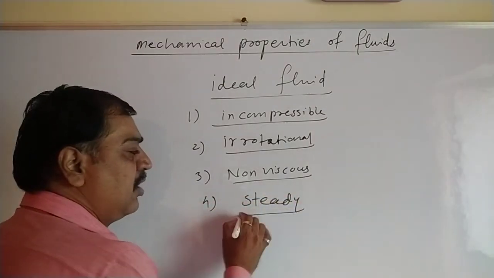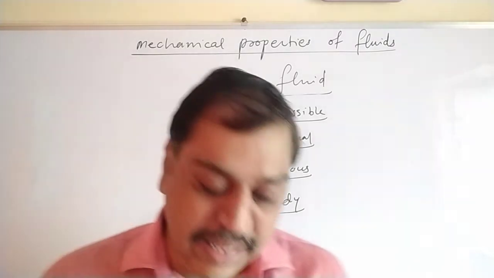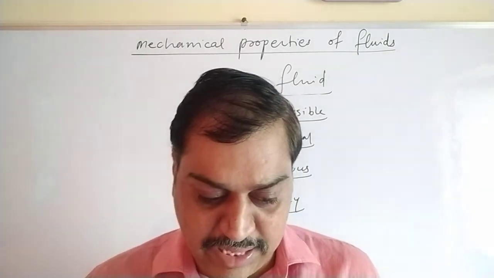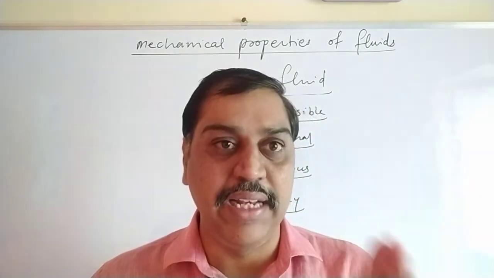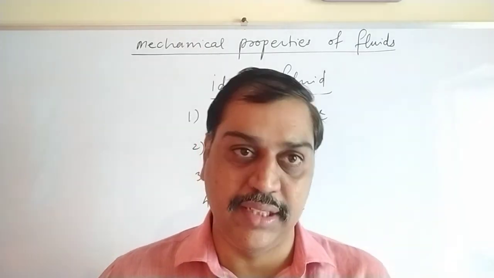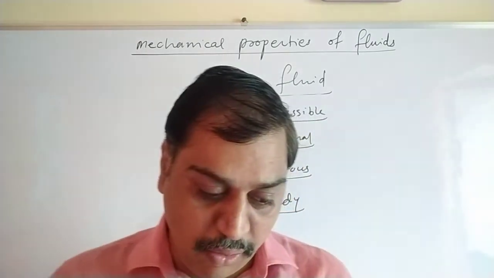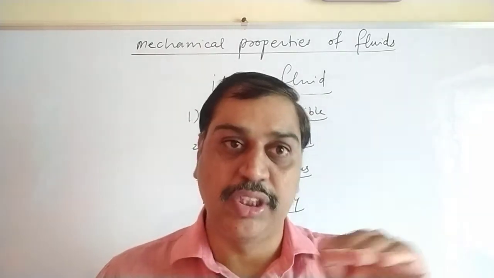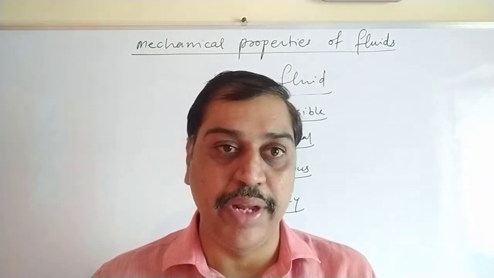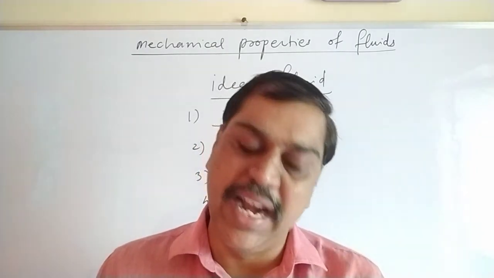Steady means they are moving at a constant velocity, so in equal time they will travel equal distance. The flow of the fluid is steady. Constantly and smoothly they are moving. So these are the four properties of the ideal fluid.